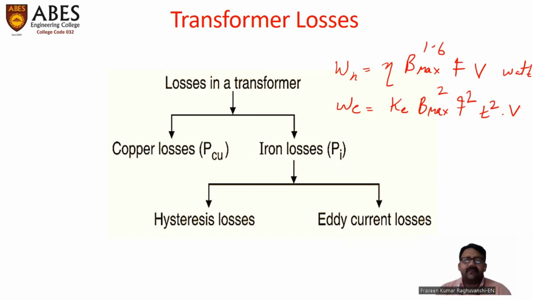If we combine both the losses, hysteresis loss and eddy current loss, we get the iron losses. From these two expressions, it is obvious that the transformer iron losses mainly depend upon the flux density, or we can say the flux of the machine, as we are assuming that the AC supply frequency is constant and is not going to change. So transformer iron losses mainly depend upon the working flux of the machine.